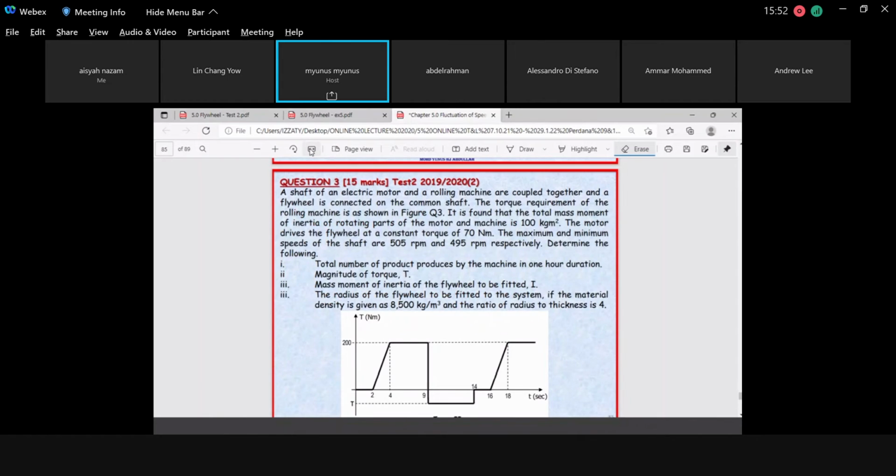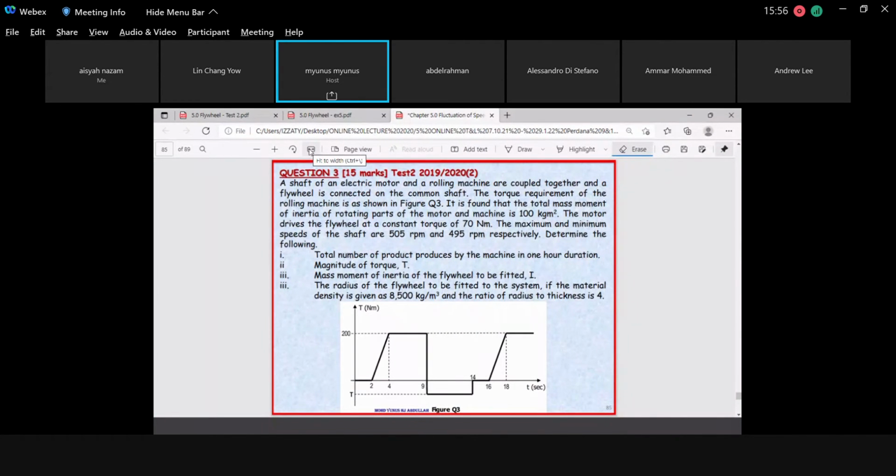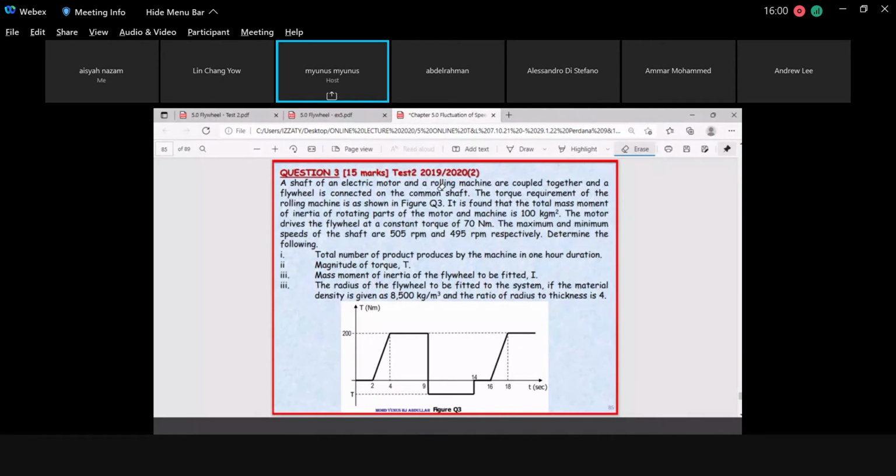So if you look very carefully at the difference between these two examples, you will find that, remember I did mention earlier, this one is not given, it's unknown, isn't it?